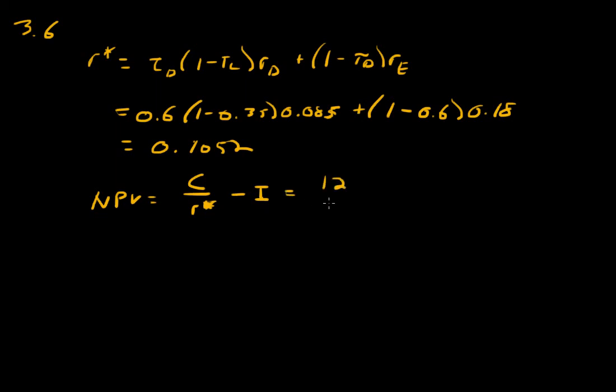So we're told we get net cash flows of 12 million each year. We can divide by the weighted average cost of capital we just calculated. The initial cost is 75, we're told. And so if we do this math, we get an NPV of 39.123. Alright, so that will conclude this video, and we'll pick up next lecture talking more about betas and factor models.